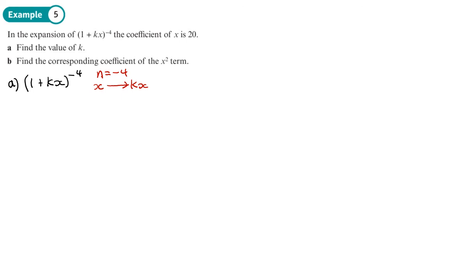We're interested in the coefficient of the x term. It tells us it's 20, so whatever we get, we equate it to 20. So 1 plus nx, where n is -4, x is kx. Now we don't need to go any further.